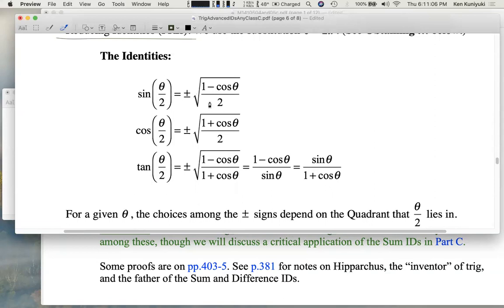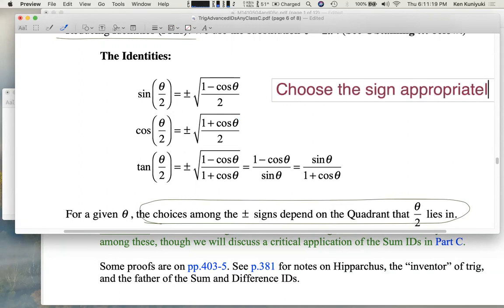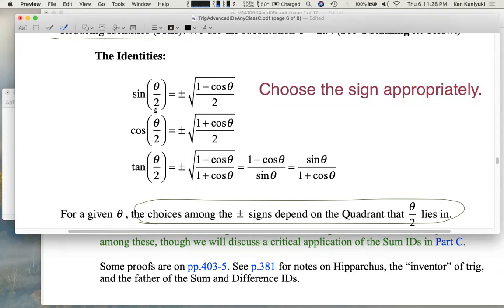You have to pick the sign appropriately. You technically have to make that note. So it helps to know what quadrant theta over 2 is, or maybe it's quadrantal.